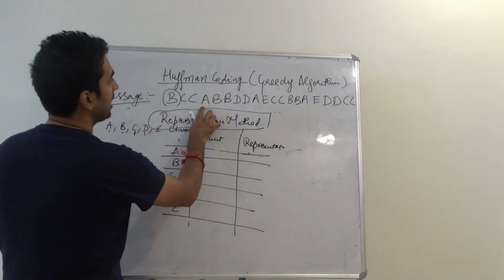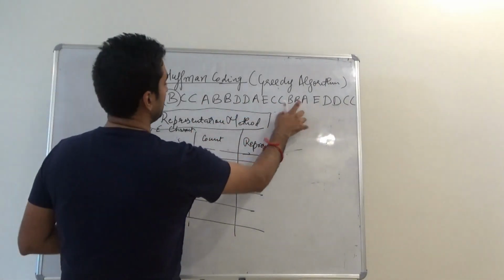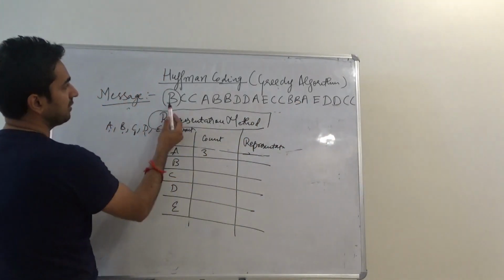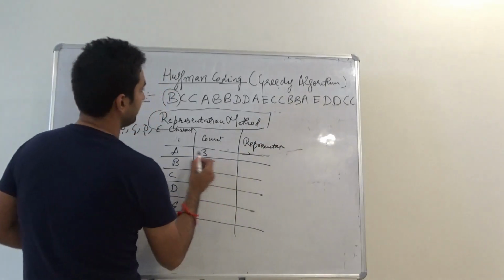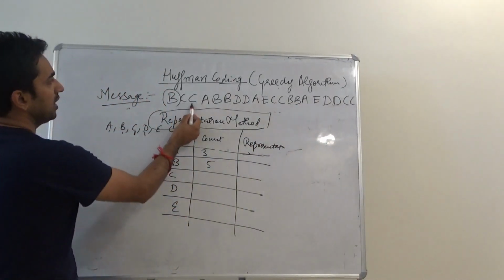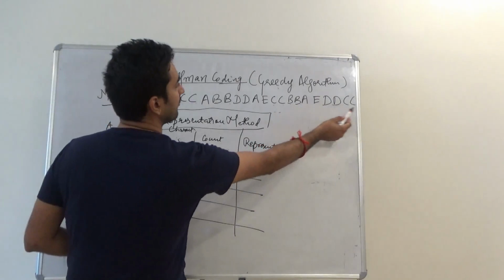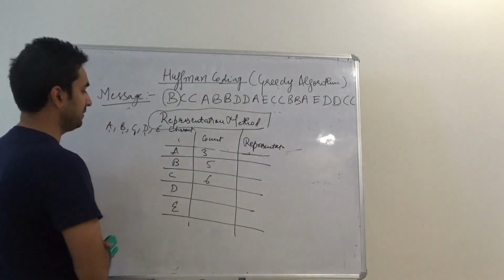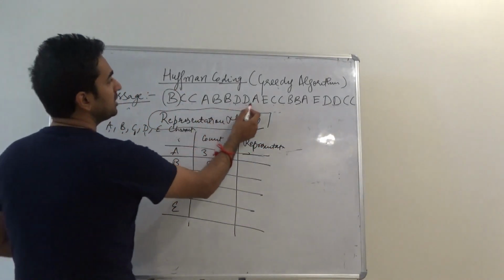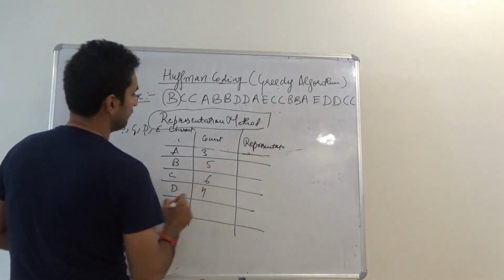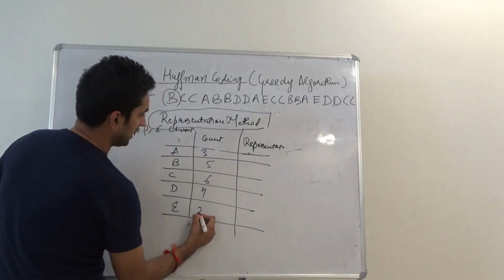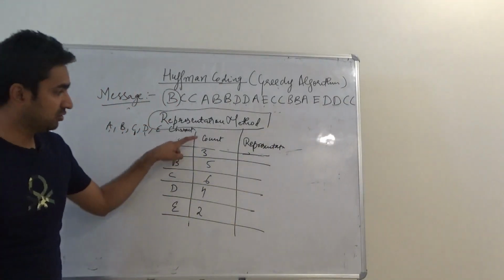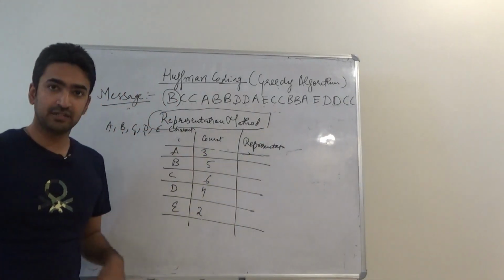We have to calculate: 1, 2, 3. 3 times A is appearing. B is appearing 1, 2, 3, 4, 5, so 5 times. C is appearing 1, 2, 3, 4, 5, 6, so 6 times. D is appearing 1, 2, 3, 4 times, and E is appearing 1 and 2 times. So these are the counts that we are having.